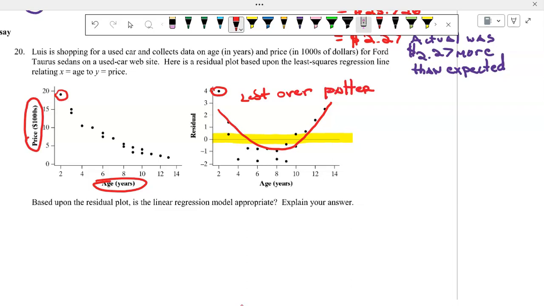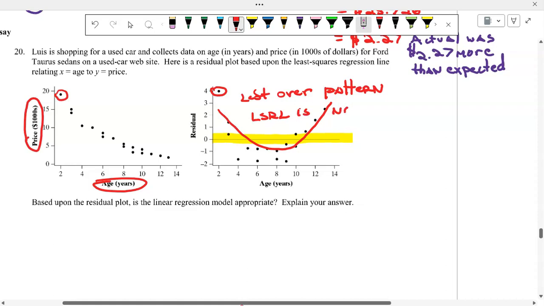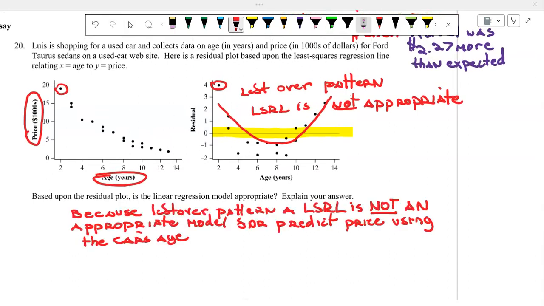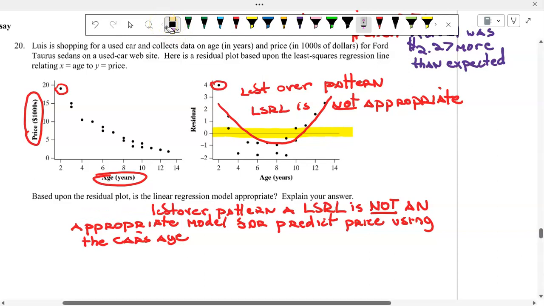And when there's a leftover pattern, that means an LSRL is not appropriate. So another model would be better than using a line. Because there is a leftover pattern, a least squares regression line is not an appropriate model.